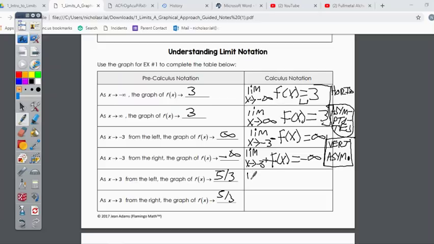The limit as x approaches 3 from the left of f of x is equal to 5/3, and the limit as x approaches 3 from the right of f of x is equal to 5/3, and this indicates the same hole.